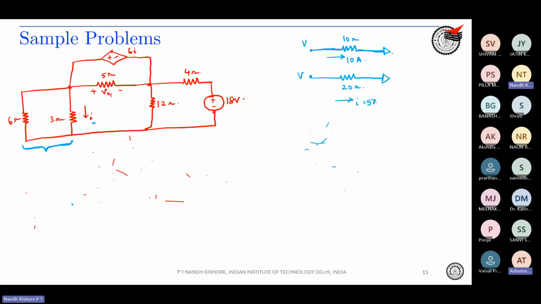So current basically becomes half. By the same analogy, can you tell what will be the current flowing through 6 ohm? I by 2. So the current through 3 ohm is I, and the current through 6 ohm will be I by 2.